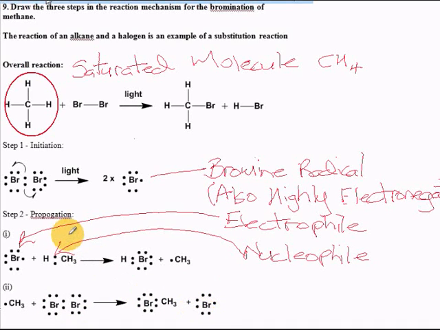This is propagation, where the initial radical has chain reacted its way through. This one was the start of the chain reaction, but the chain continues, with several different types of radicals affecting different molecules. This is the propagation step, stage 2, after initiation.